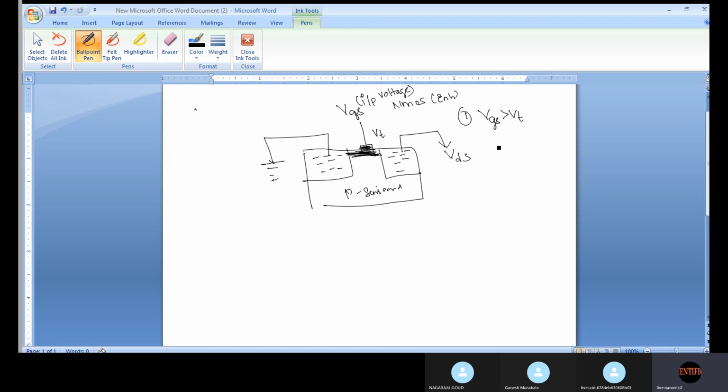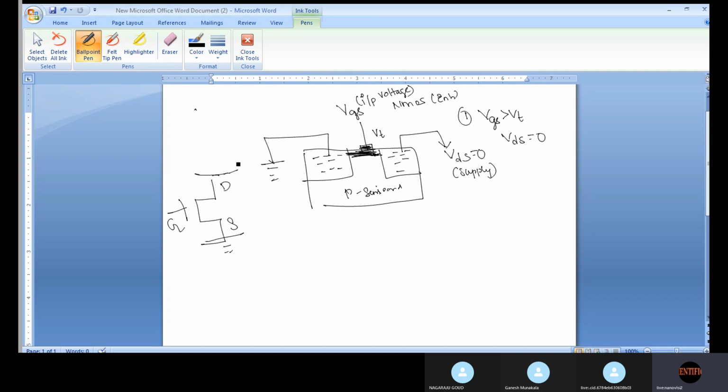The second condition is VDS equal to 0. This drain voltage is called the supply voltage, the supply we are giving to the drain. If you see the structure of the MOSFET, this is the gate, this is drain, and this is source.